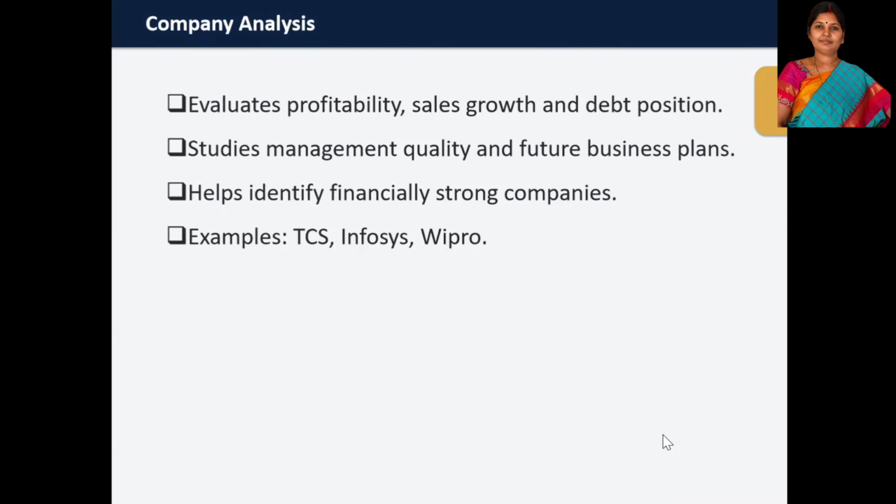Study about management quality. We should also have some information about their future business plans. So this will definitely help us to know whether that particular company is financially strong or not. We'll make analysis of different companies like TCS, Infosys, Wipro, Amazon, Flipkart, Uber, etc.